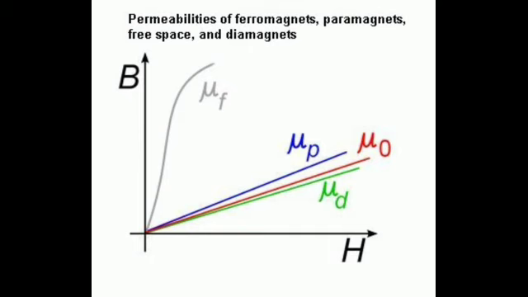It is denoted by mu naught for free space and mu for any medium. The relative permeability mu r is defined as the ratio of the absolute permeability of the medium to the permeability of free space. So mu r is equal to mu by mu naught.